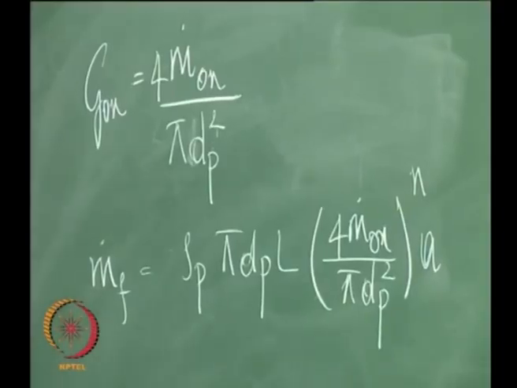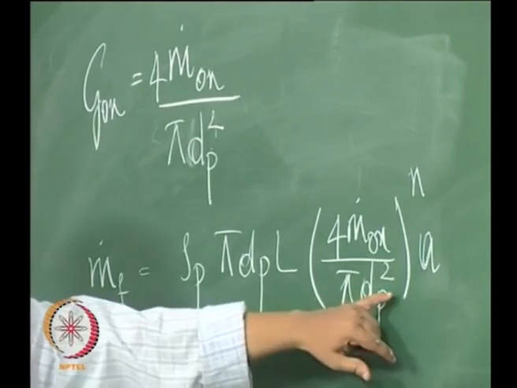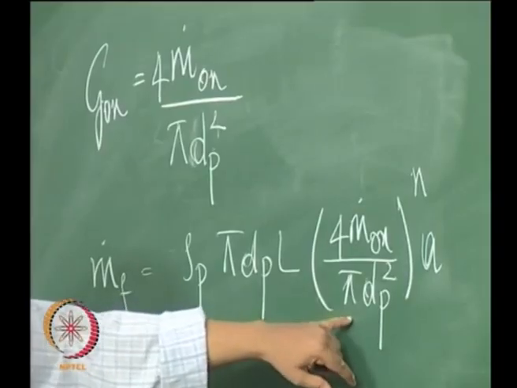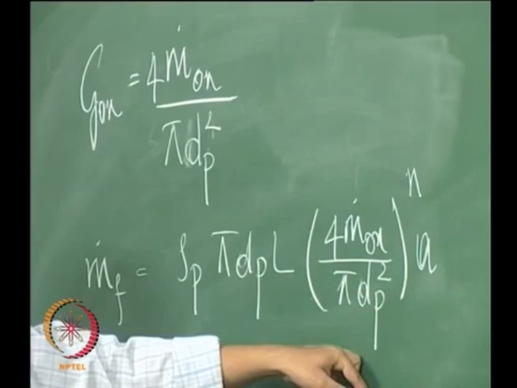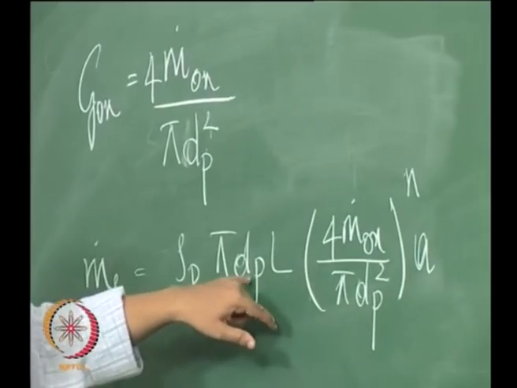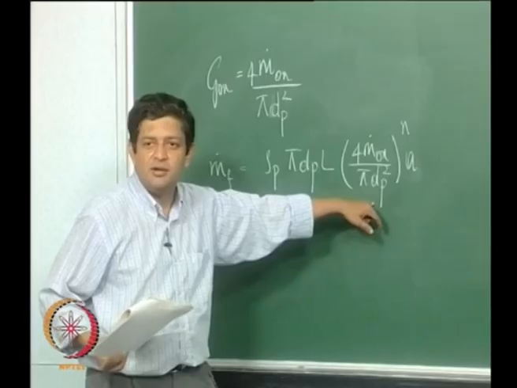Now you have 2n in the denominator, and if you look at this equation, you have d to the power of 1 and d to the power of 2n.